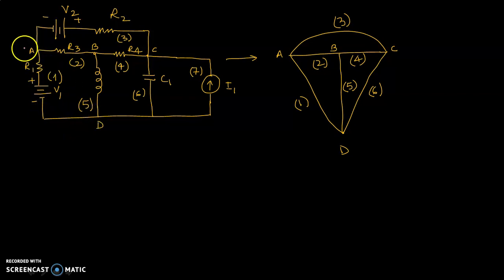This is node A, this is node B, this is node C, this is node D. Number of nodes, how many? 4.